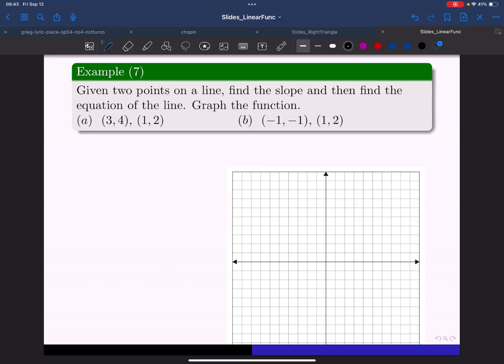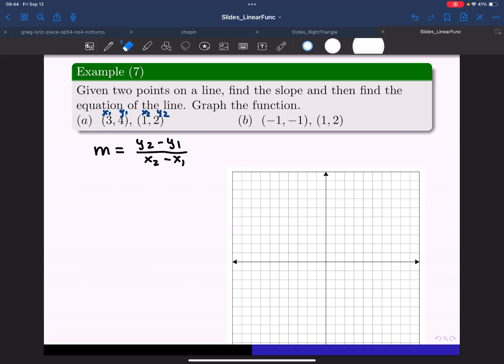Example 7. We are given 2 points on a line, and we would like to find the slope, then find the equation of the line and graph the function. For the slope, we start with the slope equation: m is y2 minus y1 over x2 minus x1. My first point is x1, y1, the second point is x2, y2.